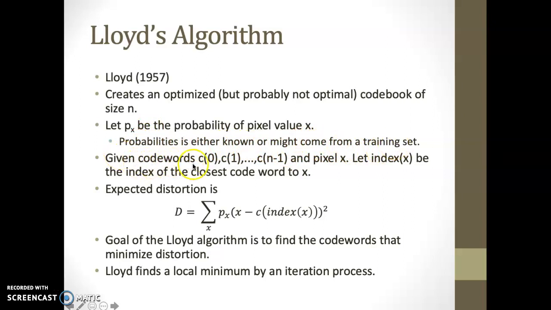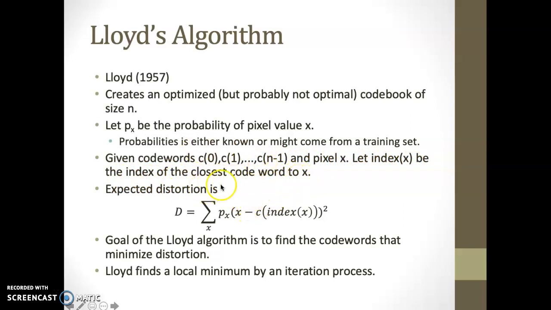Given code words, the concept is the same, where you have to have the code words. In a larger range you want to reduce, so you have to divide it. So there has to be code words C0, C1 until Cn-1, and pixel x. Let index x be the index of the closest code word to x.